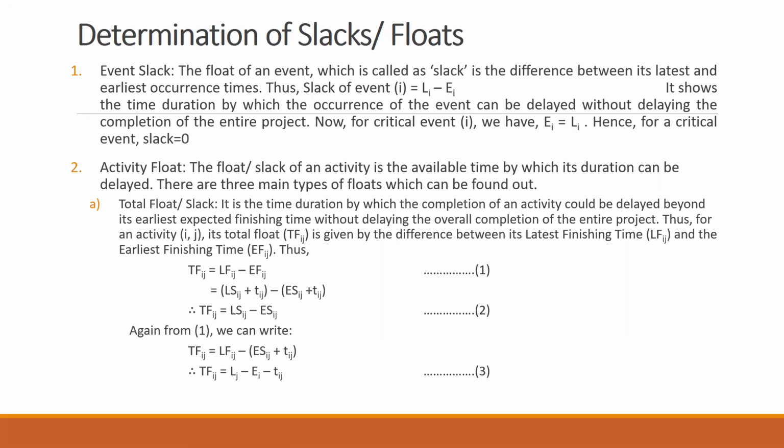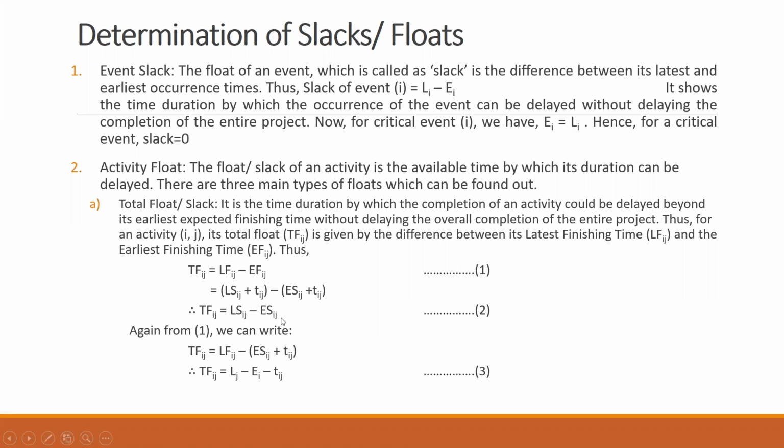Okay, all these three formulas where we write TFij equal to LFij minus EFij. Now, because we already know the formula for EFij, we can represent that here. Here you can see we have included this tij, and when we open this bracket, we can also write LSij minus ESij.